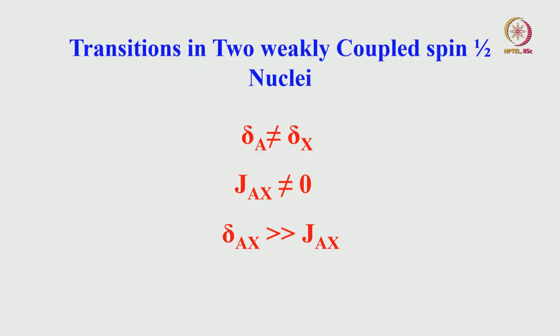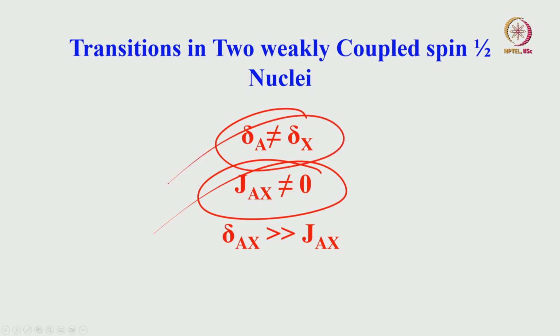Let us consider the example of 2 spin half nuclei where coupling is there, that means JAX is non-zero and chemical shift is not the same. They are not equivalent spins, chemical shifts are different, coupling is non-zero, and I assume the chemical shift difference between A and X is sufficiently larger than JAX.